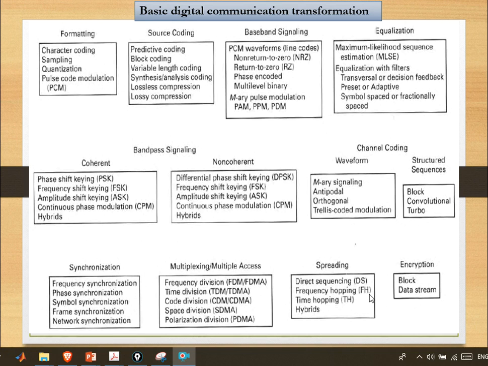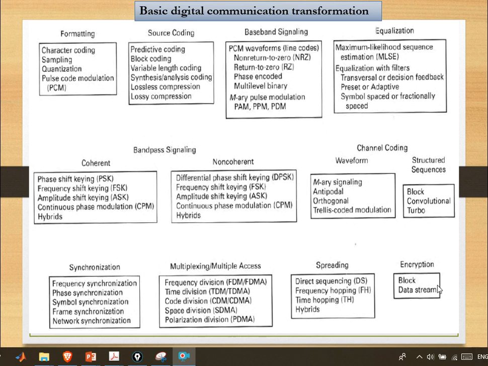GSM uses frequency hopping, and some other systems use time hopping, and some other systems use all of them or a hybrid of them to make your system more robust.